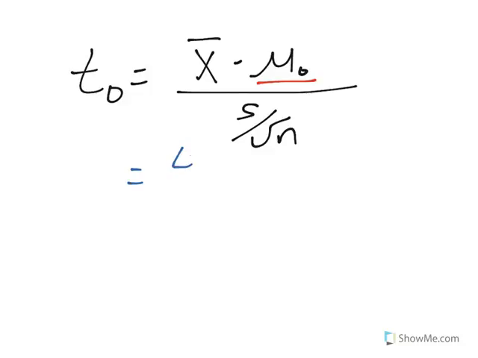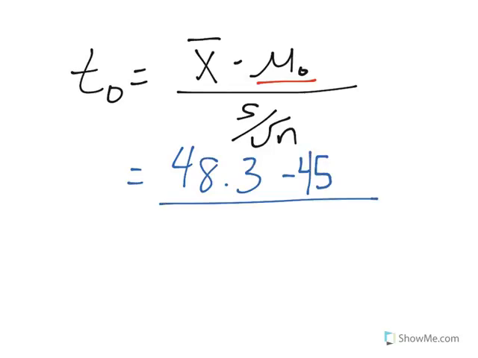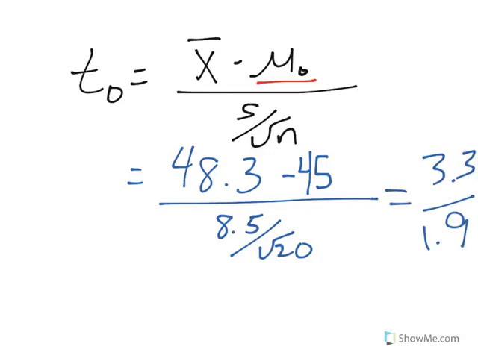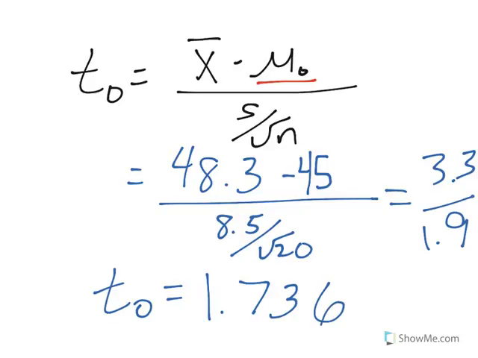Our sample mean is 48.3. Our original mean is 45. Divide that by our standard deviation over the square root of our sample size. So 3.3 over 1.9, and I end up with a test statistic of 1.736.